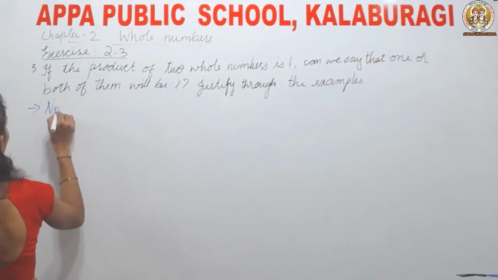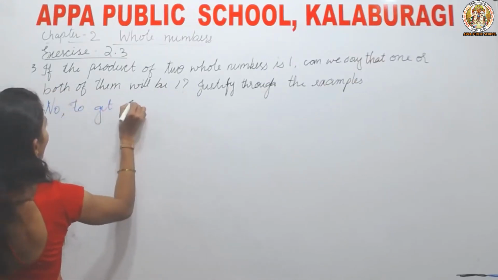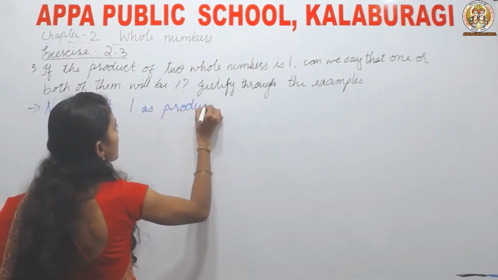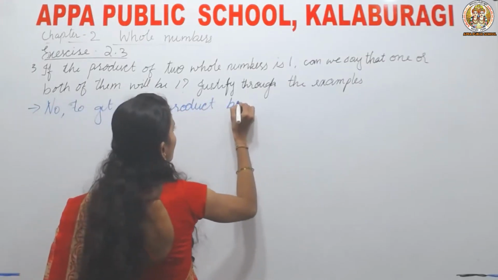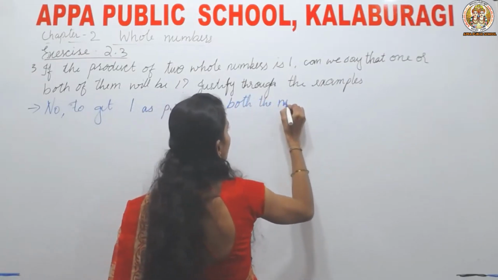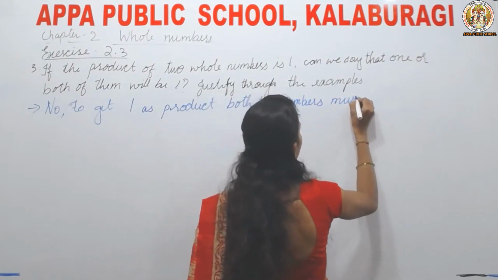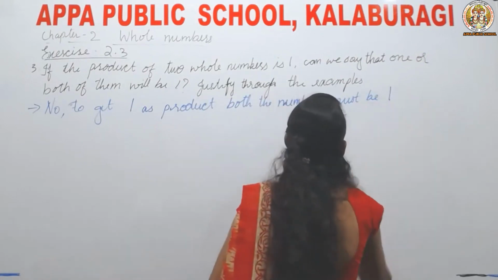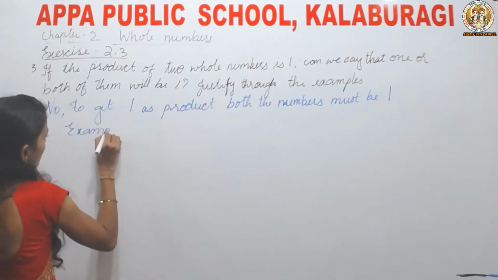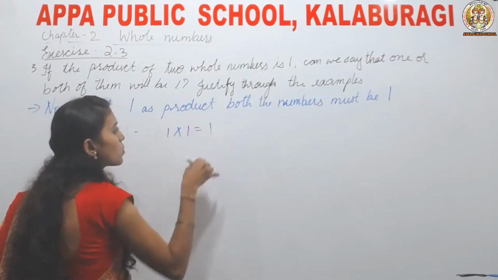So, no. To get 1 as product, both the numbers must be 1. Example, 1 into 1 equals 1.